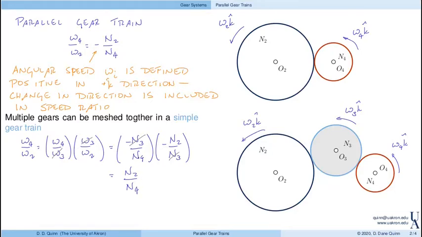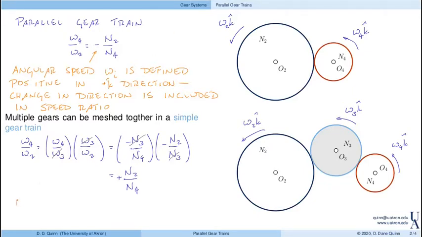Note, however, that this is actually different than the previous example. If I have just two gears in mesh, I have a change in direction between the two. But by introducing this third gear in the middle, the gear ratio actually stays the same. So that's the absolute value here. But this now becomes positive, indicating there's no change in direction between omega 2 and omega 4. They actually rotate in the same direction.